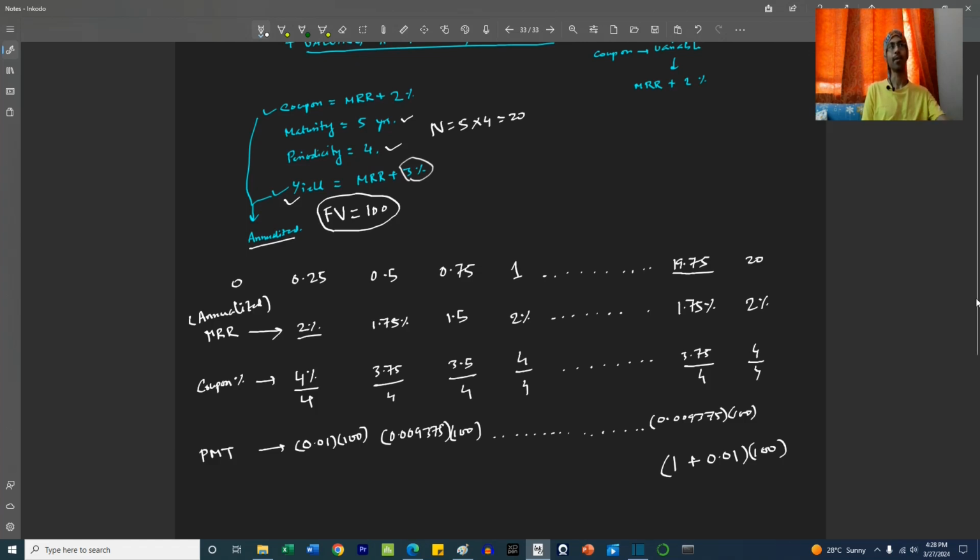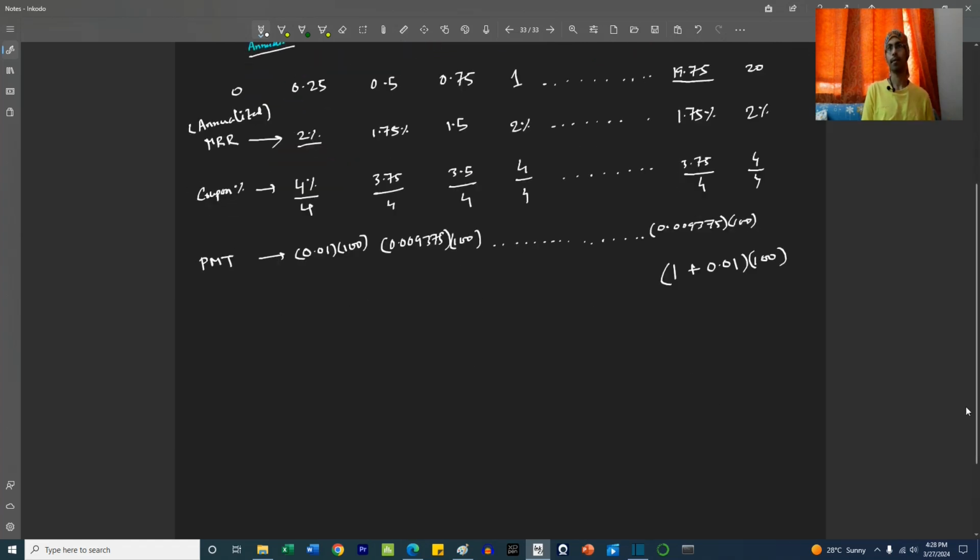So let us calculate the discount rates. The discount rates, that is the yield at each period, at 0.25, will be 2% plus 3%, right? So it is 5 by 4.